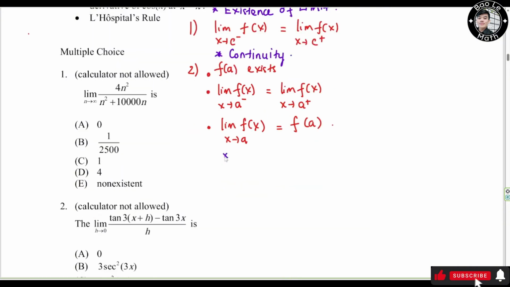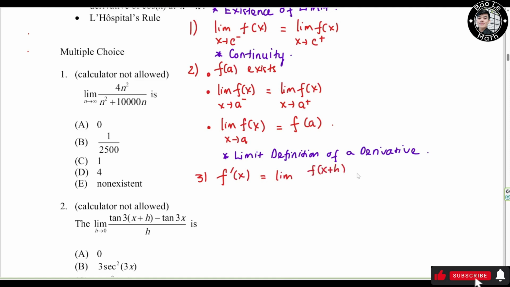Number 3, we're going to talk about the limit definition of a derivative. So we have f prime of s equals the limit of f of s plus h minus f of s over h as h approaches 0.